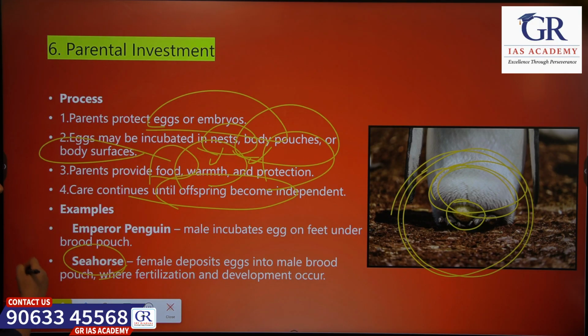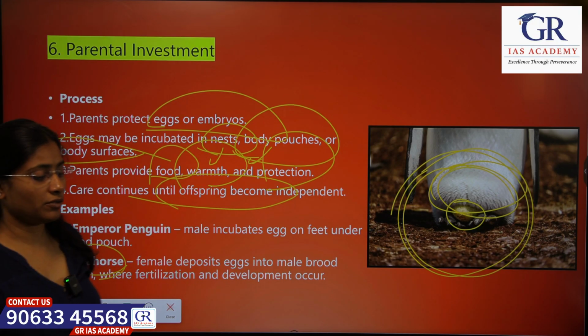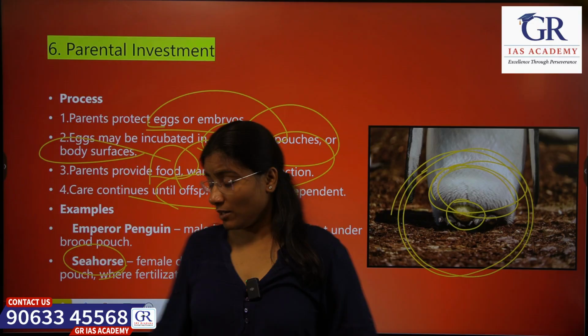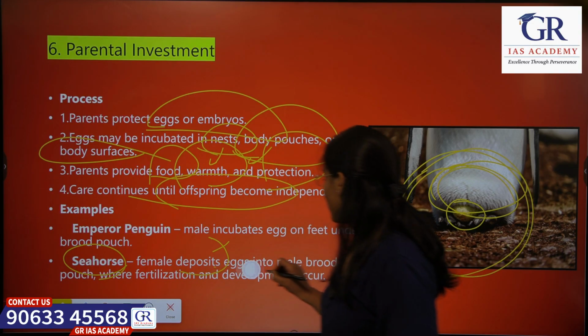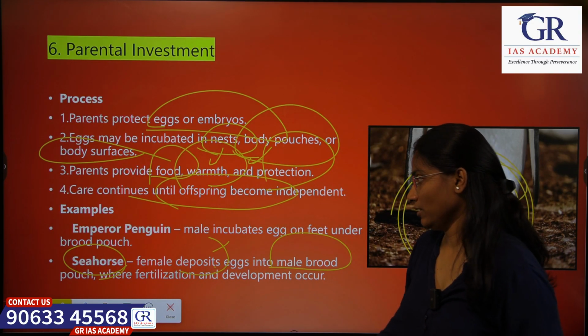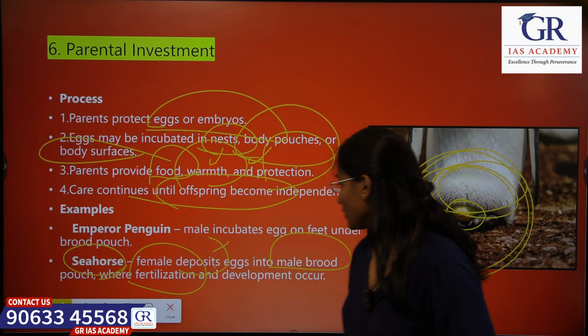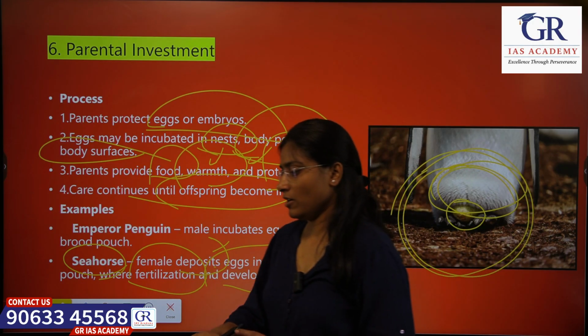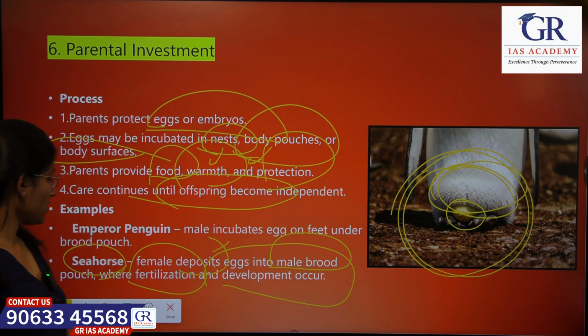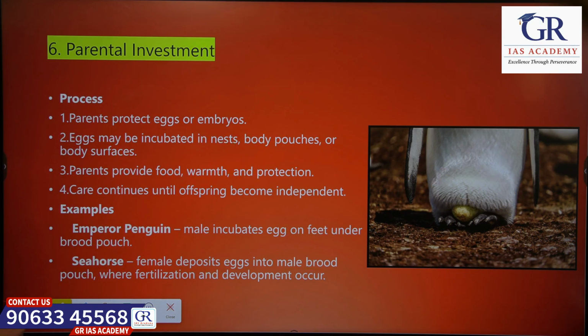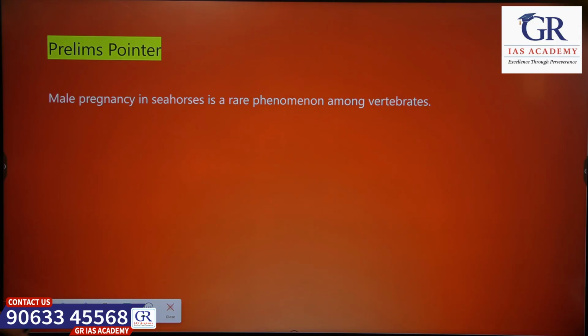Another example is the seahorse. In the seahorse, the female deposits eggs in the sac of the male where fertilization takes place and organisms are born. So that is another example of parental investment.